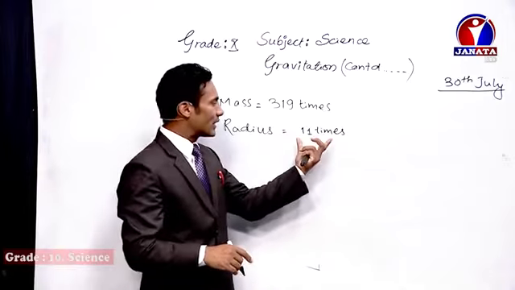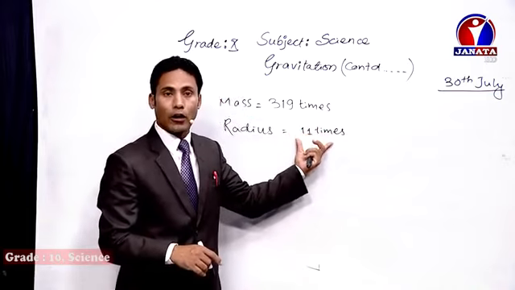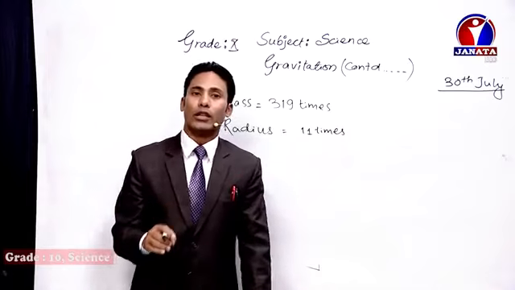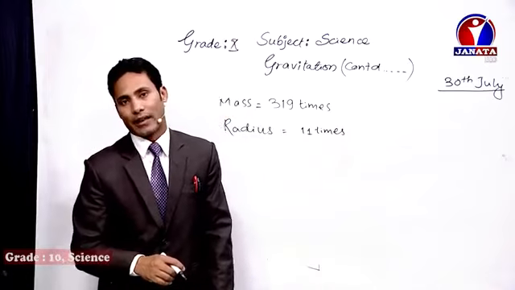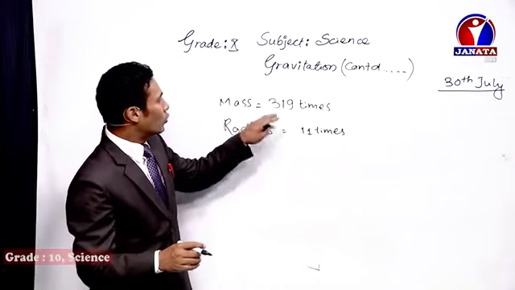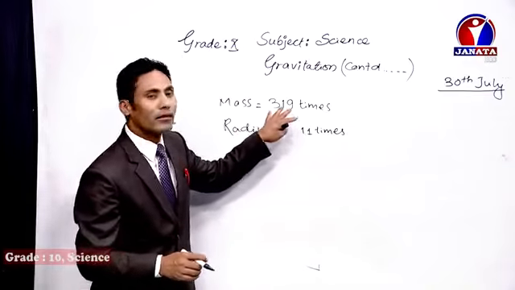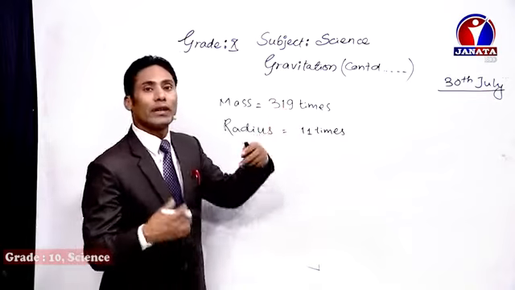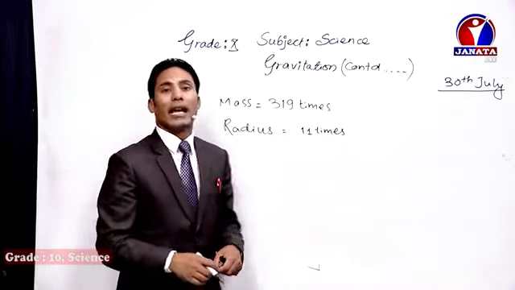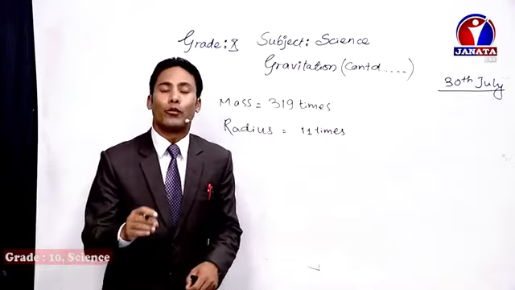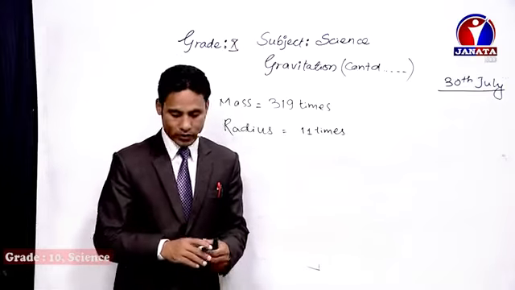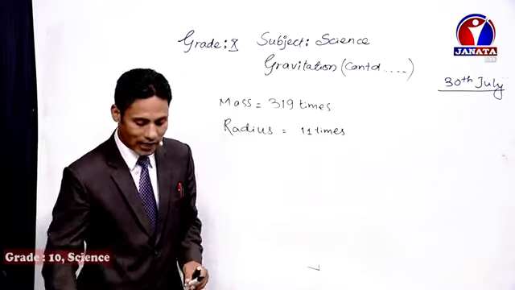That means due to this larger radius of Jupiter, the acceleration due to gravity is only 2.5 times greater than the acceleration due to gravity of the Earth. Clear? So though the mass is 319 times greater, the radius is also 11 times greater. That is the case of Jupiter. That's why acceleration due to gravity is only 2.5 times greater than that of the Earth. So in that way, you can write down the answer, right?